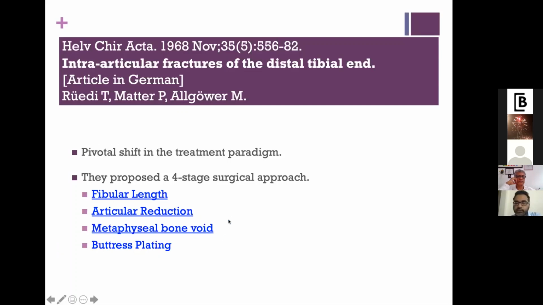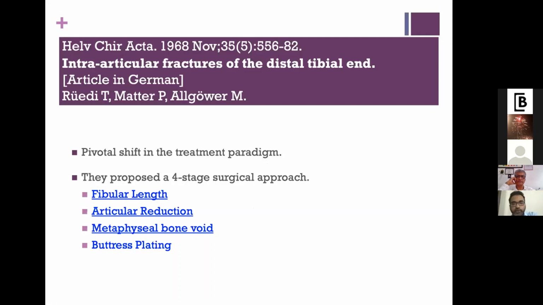Their idea is to maintain fibular length, then get an articular reduction, fill any metaphyseal bone void if existing, and buttress the medial column. They published this paper in 1968, and showed that we can get a good outcome with these fractures.